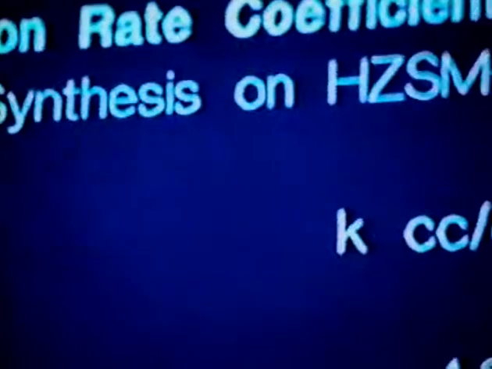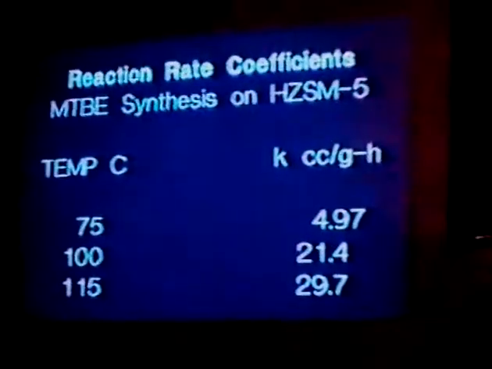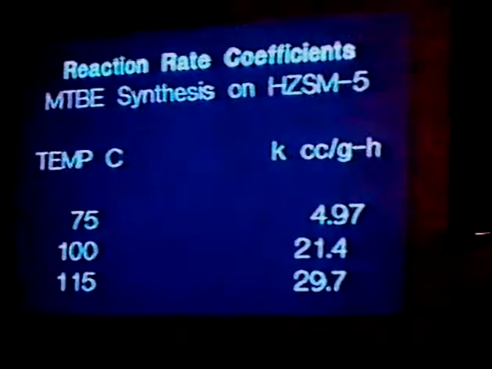From the slope of these lines, then we could obtain the reaction rate coefficient divided by the equilibrium conversion, and then from that extract the equilibrium conversion. And so here are the values from the slopes of the previous plot.